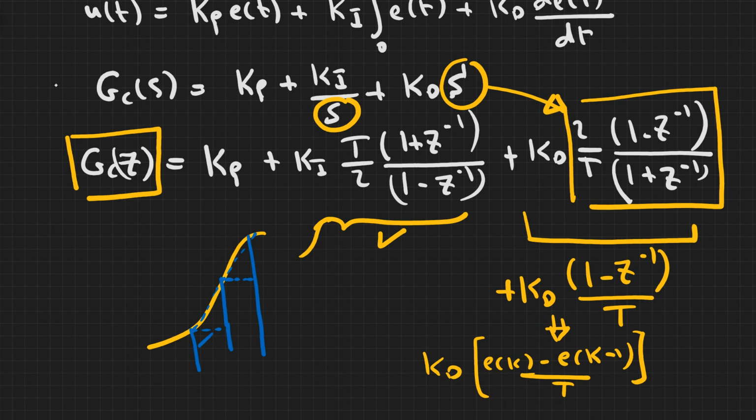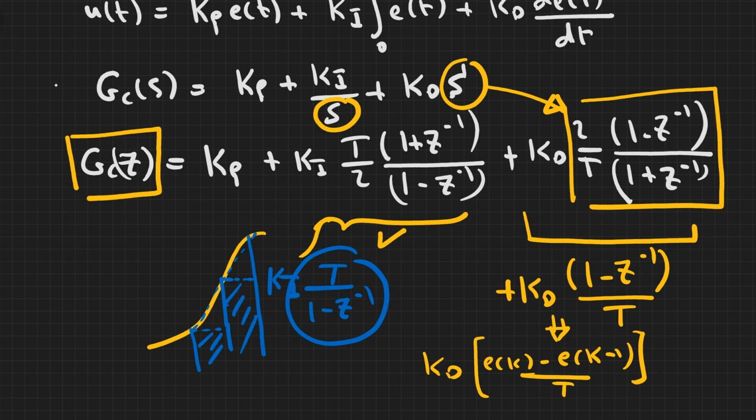So maybe one easier way to do the integration is to just use rectangular integration. And if you use rectangular integration, then your transfer function will be T divided by 1 minus Z inverse. I will leave this as an exercise, so you can easily derive this transfer function for rectangular integration. And then of course you multiply by the Ki.